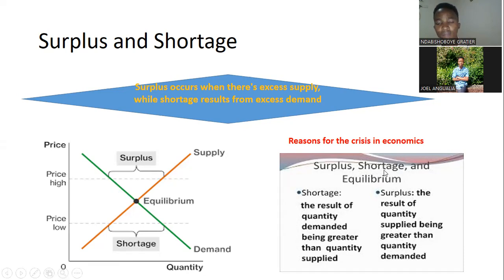So we can see some reasons for the crisis in economics. Shortage is the result of quantity demanded being greater than quantity supplied, whereas surplus is the result of quantity supplied being greater than quantity demanded. And equilibrium, as we have looked at before, is that point when supply and demand are equal.